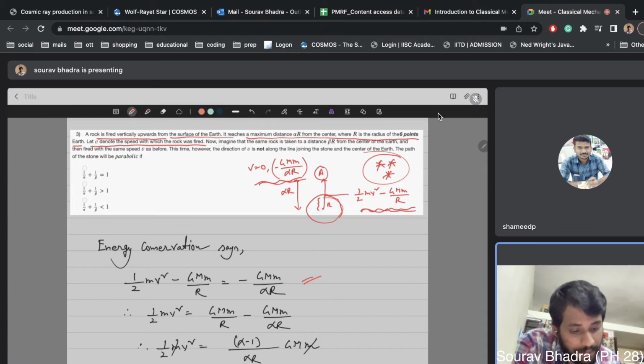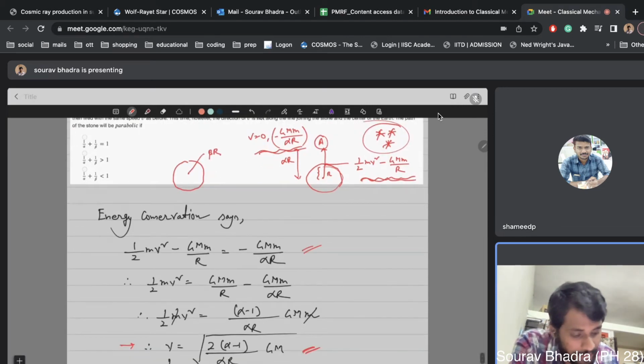It said that now imagine the same rock is taken to a distance beta R from the center of the earth and then fired with the same speed v as before. So now it has been taken to another distance beta R, and fired with the same velocity v, which I have just calculated.